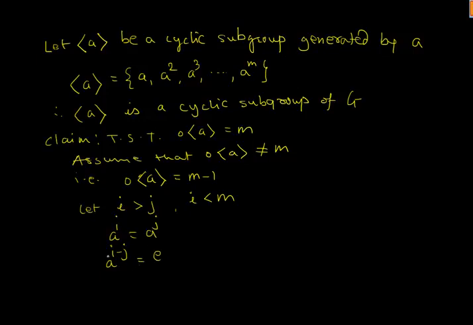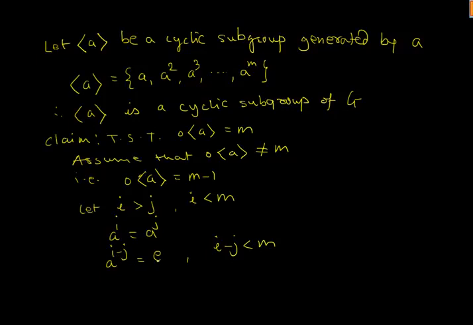Now, what is this power i minus j? We know that i is a number less than m, and when we subtract j from i, definitely i minus j is less than m. That means a number which is less than m is a power of a giving the identity.